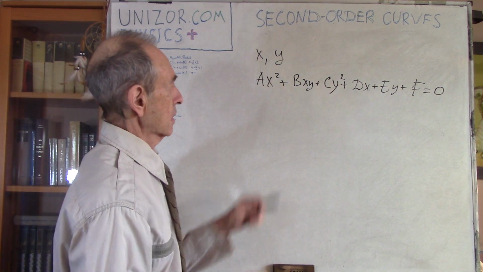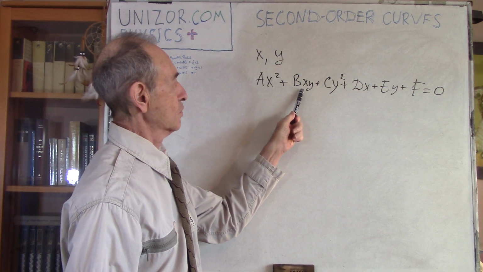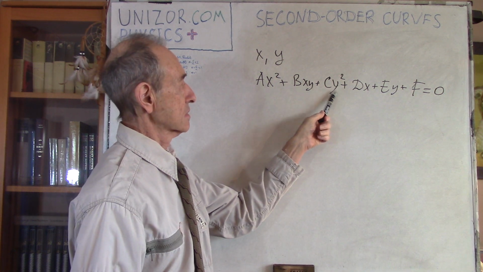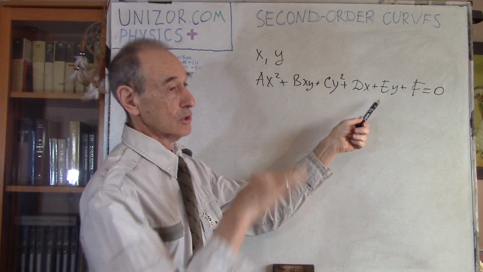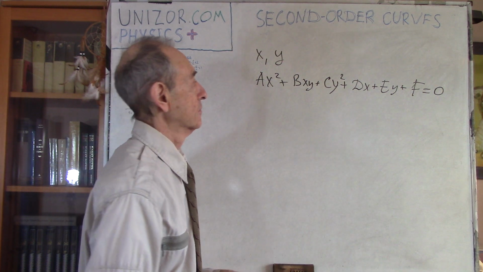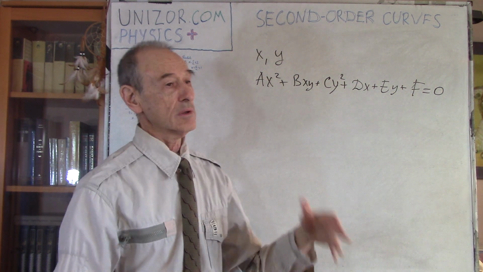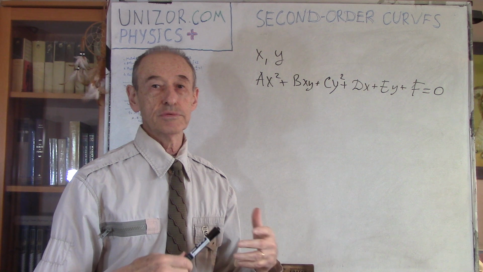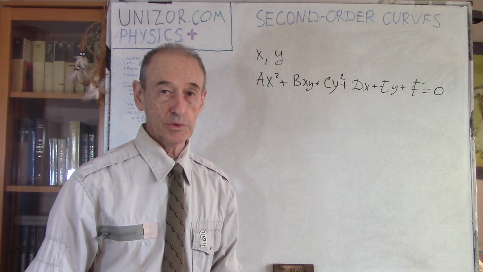This term is second order, this is 1 and 1, which is second order, this is second order, and this is lower than second order, obviously.